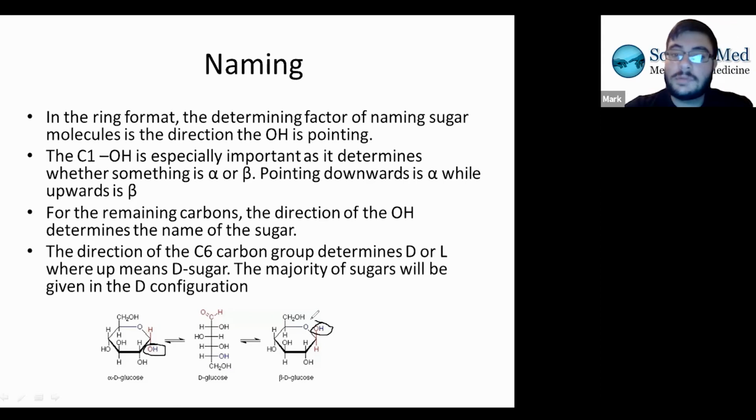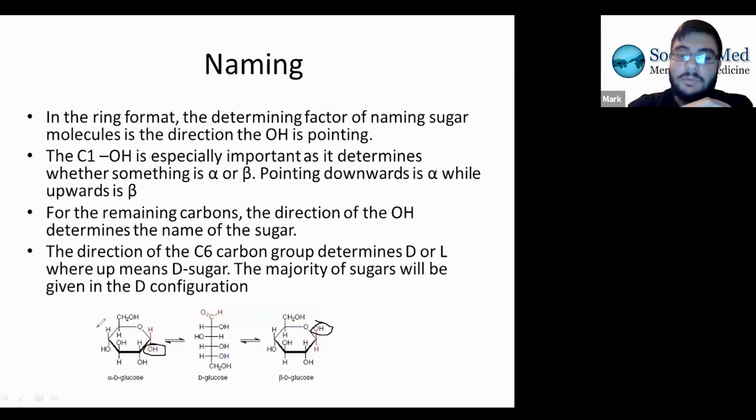For the remaining carbons, the direction of the OH determines the name of the sugar. I should actually say, for these at least, right? For example, for glucose, it's always up, down, down, up, down, right? So you can see here, down, up, down, up, down. Wherever you see glucose, it's always going to be down, up, down in that order.